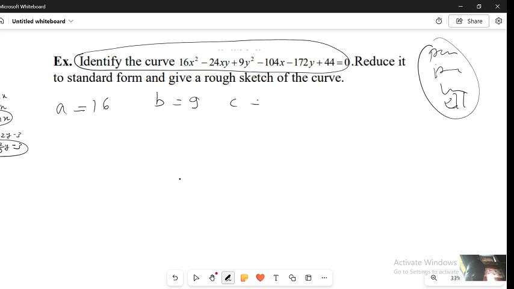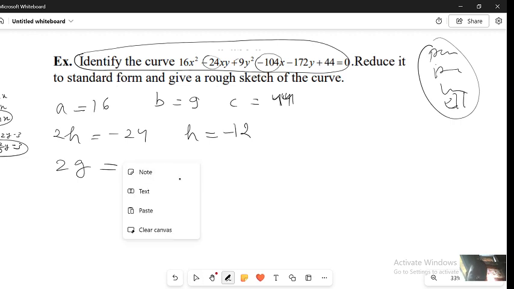Now, H. Since we have 2H equal to minus 25, H is going to be minus 25 divided by 2, minus 12. Be careful about this minus: the value of 2H is minus 25, not 25. Also 2G equals minus 104, which means G is minus 52.